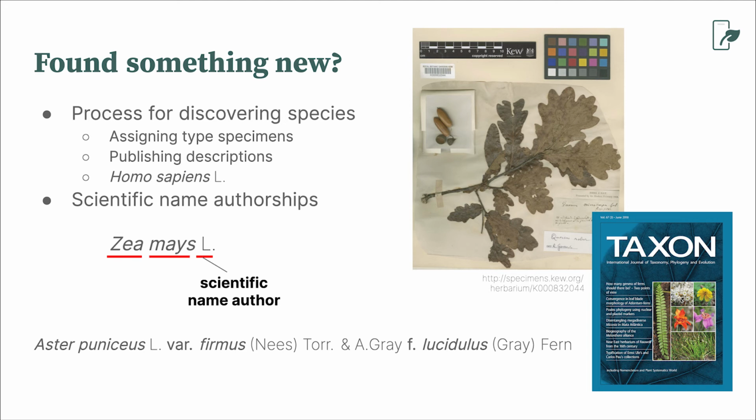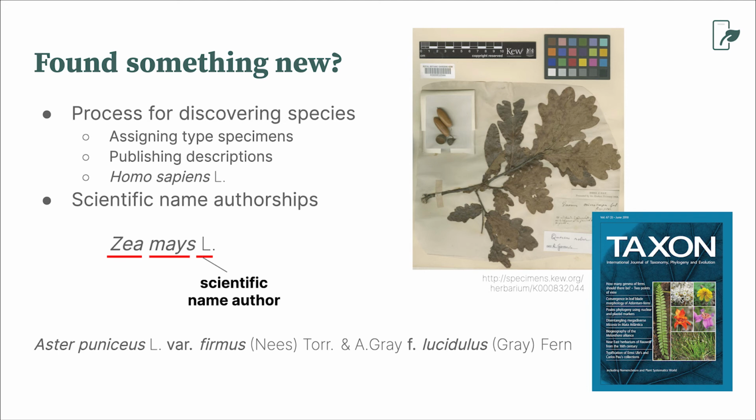So all of these individual traits that I mentioned, they'll get written up and usually published in a journal. And there are several dedicated journals out there. One of the example ones I've listed here is called Taxon, the International Journal of Taxonomy, Phylogeny, and Evolution. And usually in that publication, you'll list all of this detailed information and all the tests that you've conducted to confirm that it's a new species.